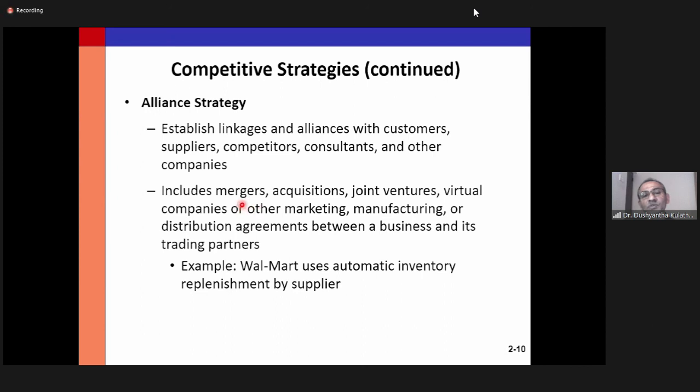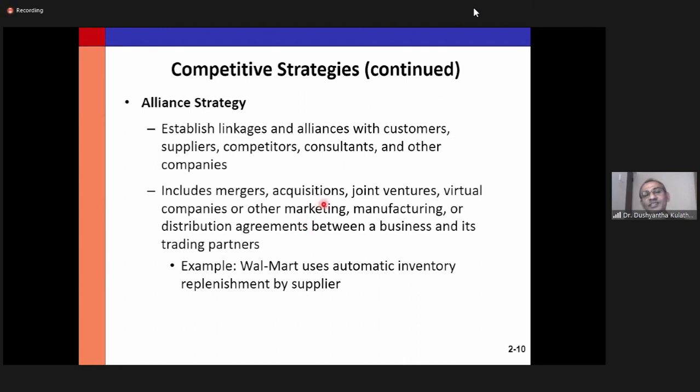Yes, so something like this Walmart automatic inventory replenishment system, I think in Sri Lanka we don't have such systems. There would have been certain examples.